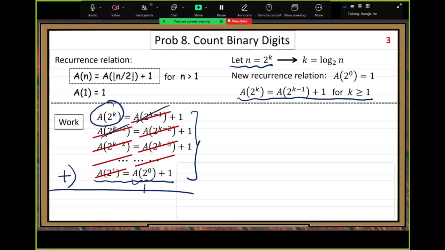But we want to count the number of ones. How many equations do we have? If we know the number of equations, then we know the number of ones other than this A of 1. Can you tell me how many equations we have here?